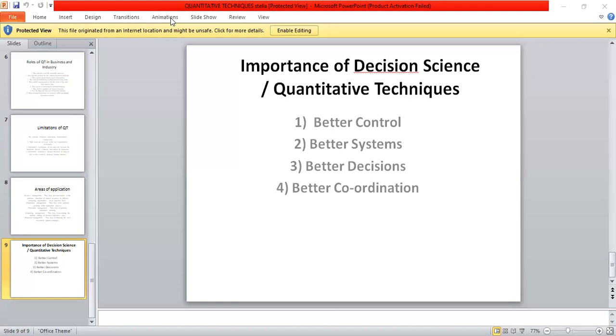One of them is statistical technique, correct, mathematical techniques, and the programming techniques. Good. Also, we have learned on the importance and the roles of quantitative techniques.